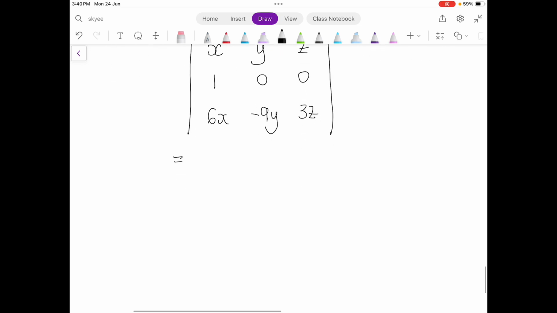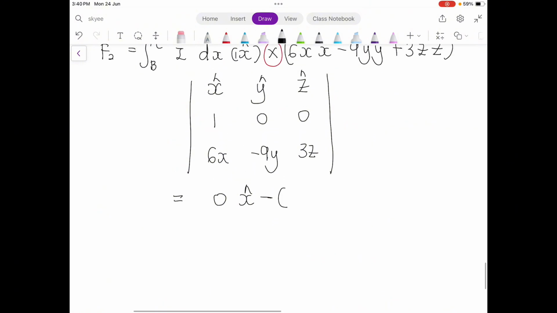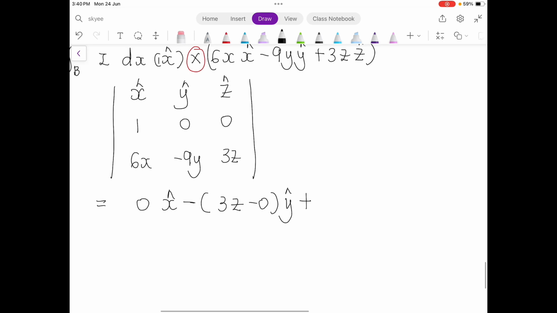So over here you get 0x minus, 3z minus 0, and plus negative 9y minus 0 z.